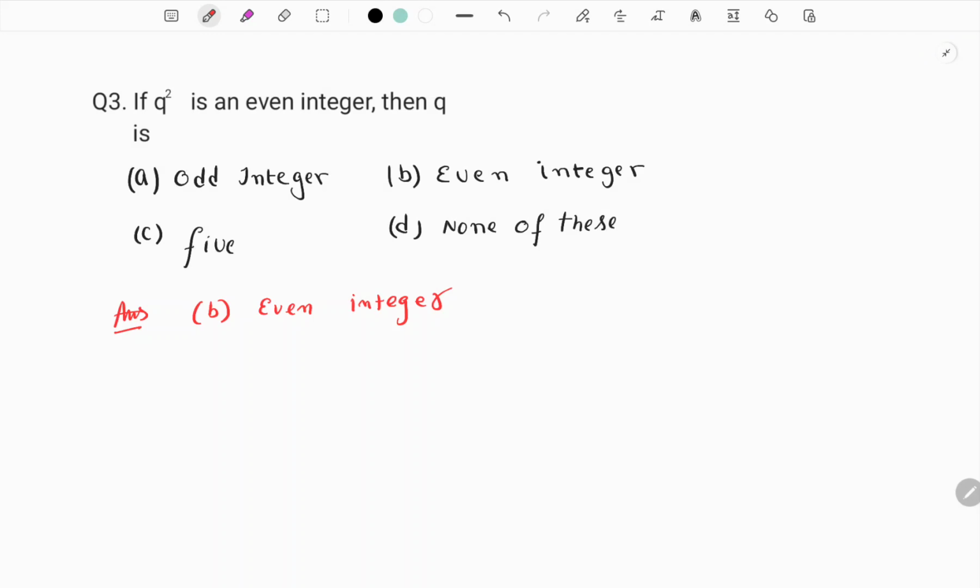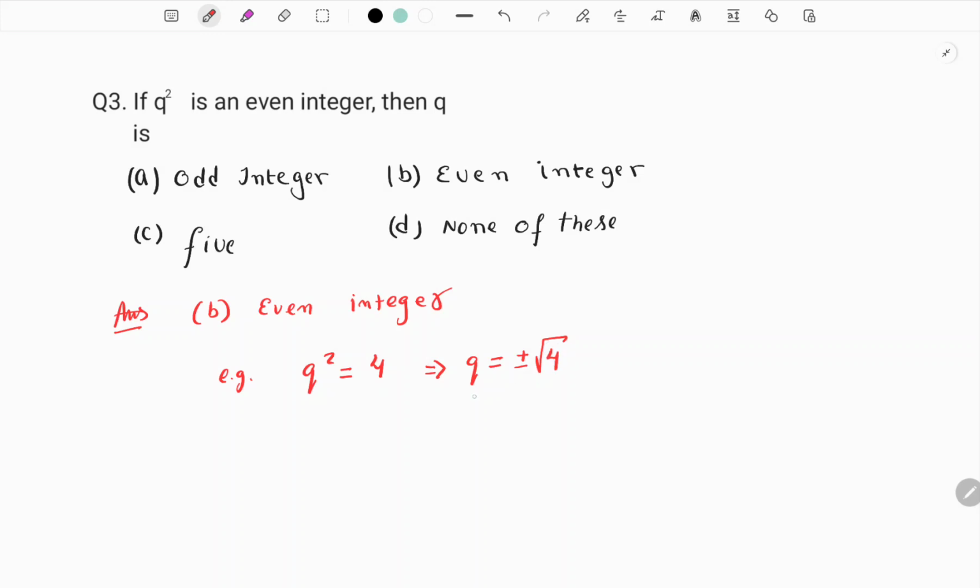So let us see one example of this. So if q square is an even integer, then there is a possibility that q is an even integer. For example, suppose we have q square is equal to 4, which is even. So from here we can write q is equal to plus minus square root of 4.